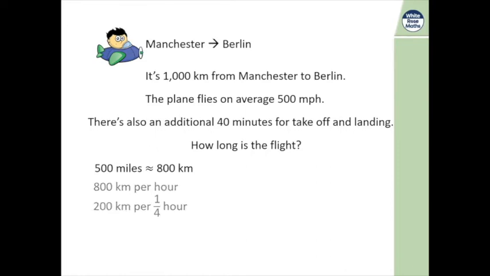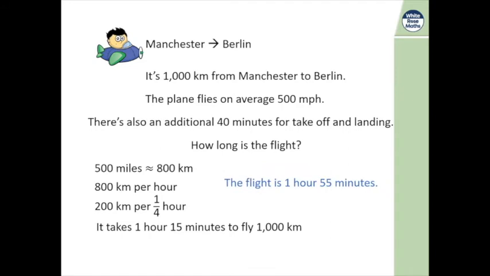And if we add these together, we can see it takes 1 hour and 15 minutes to fly 1,000 kilometres. But don't forget, we need to add 40 minutes for takeoff and landing. 40 minutes plus 15 minutes is 55 minutes. So in total, the flight is 1 hour and 55 minutes long.